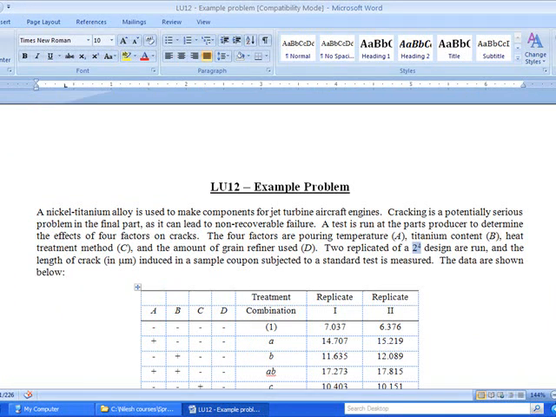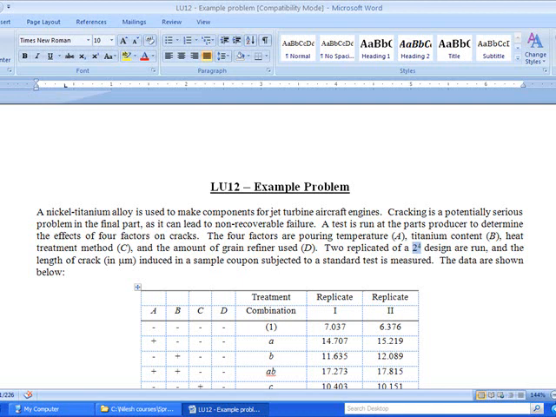K represents the number of factors, how many factors are there in the experiment, and the number 2 represents the levels each factor has. So chapter 6 talks about only those experiments in which each factor has only 2 levels.